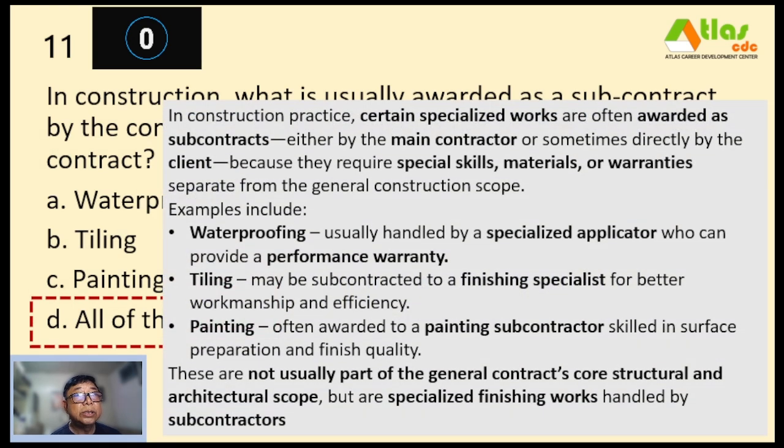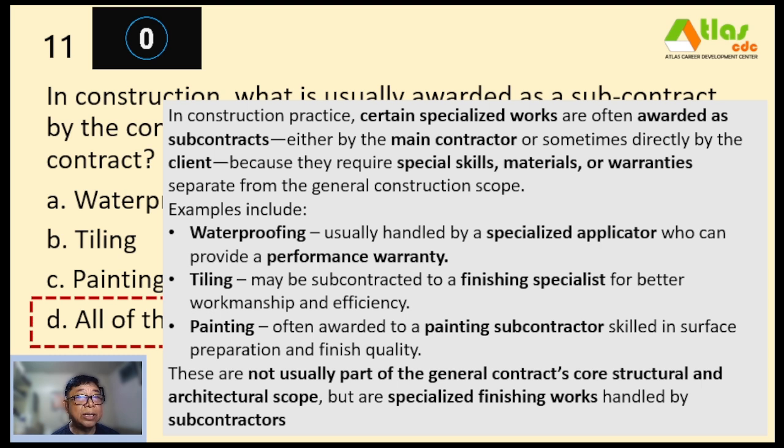So in construction practice, certain specialized works are often awarded as subcontracts, either by the main contractor or sometimes directly by the client, because they require special skills, materials, or warranties separate from the general construction scope. Examples include waterproofing, usually handled by a specialized applicator who can provide a performance warranty.